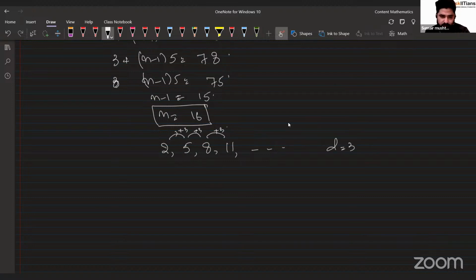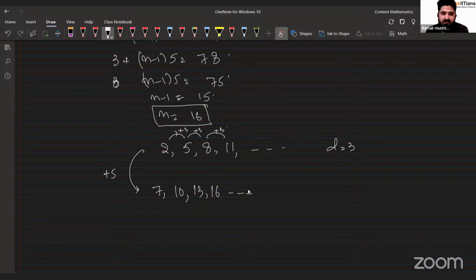There are two to three points that you need to remember. If I add or subtract anything to every term of an arithmetic progression, let us suppose I add 5 to every term, this will become 7, 10, 13, 16, and so on.